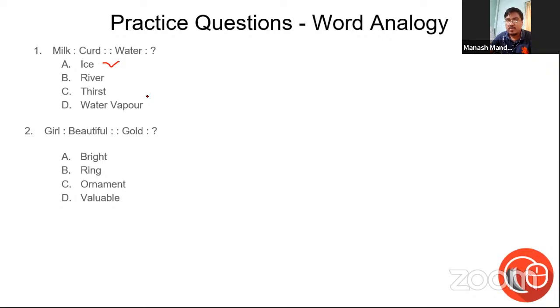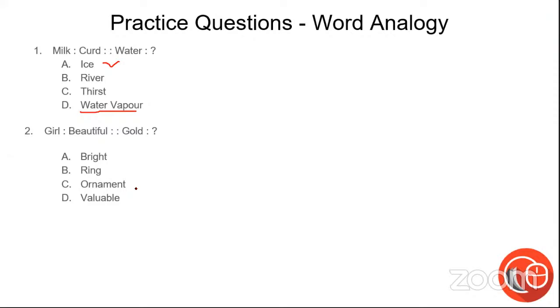No, Aditi, it won't be water vapor. Okay. Some of you have answered it as bright, ornament, valuable. But like from milk, we can make curd using a chemical process.